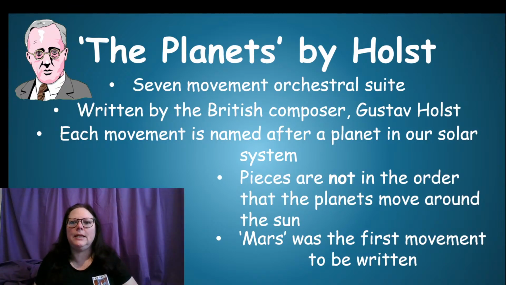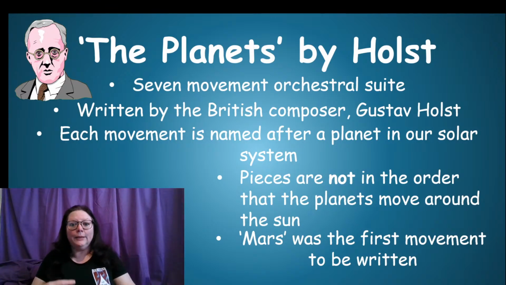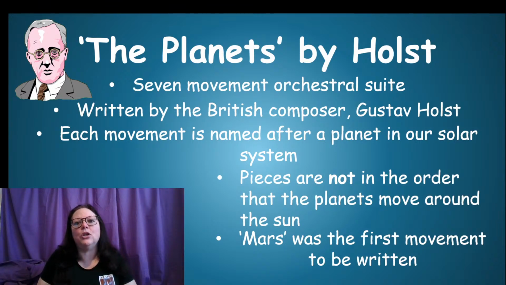Holst described these planet suites as a series of mood pictures. So have that in the back of your mind when you're listening to it in a little while. It's a mood picture, it gives you a sense of this character, this astrological body, however you want to think of it. The premiere of these pieces took place in September 1918.